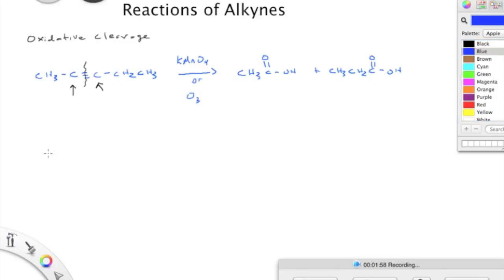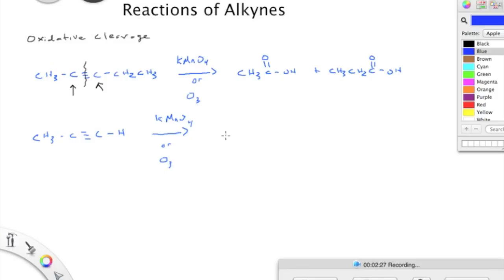Now, if it is a terminal alkyne, meaning on the end, then what you can see is that you end up with one carboxylic acid, and you end up with a molecule of CO2. So oxidative cleavage with, again, potassium permanganate, or we can use ozonolysis.